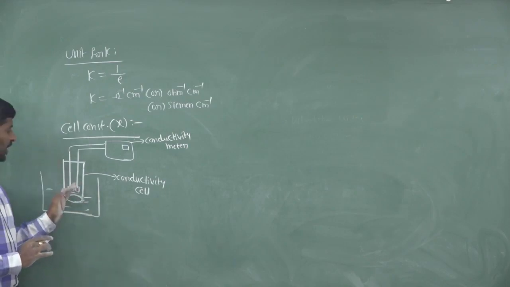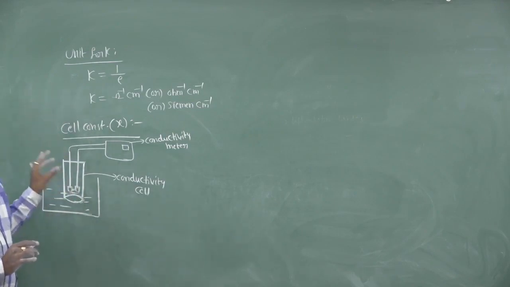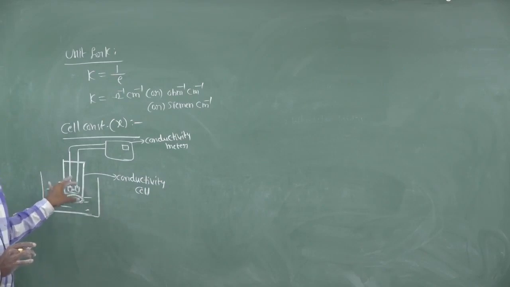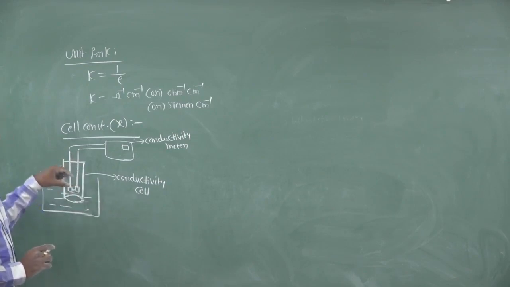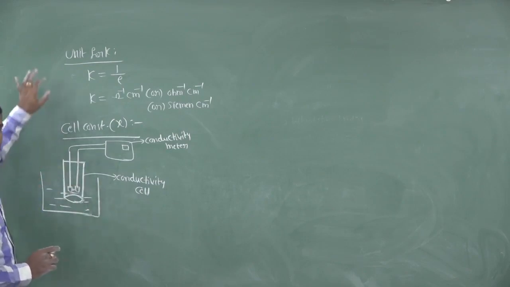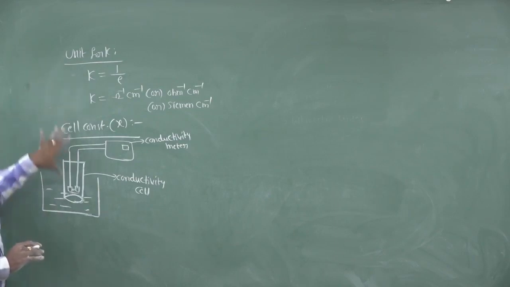So for a given conductivity cell, L and A are constant. L is the length between the 2 platinum electrodes and A is the area present between them. If L and A are fixed, then L by A is also a constant for a given conductivity cell.